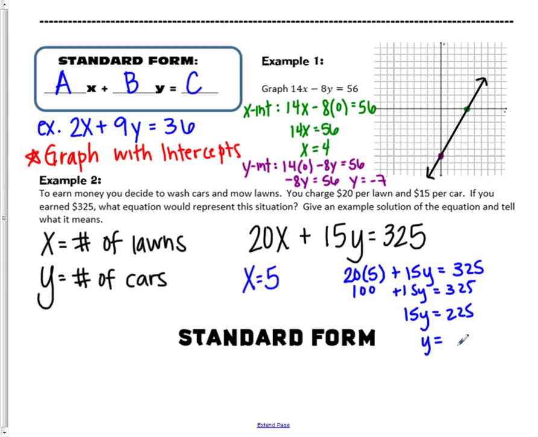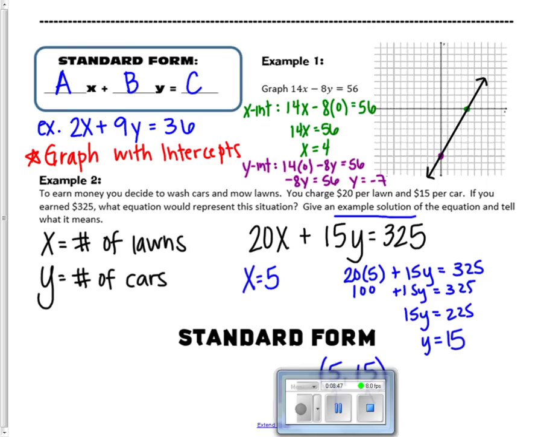So then y would equal, well, 225 divided by 15 actually happens to be 15. So an example solution, this is not the only one, would be that the point (5, 15) is actually on that graph. And what this means is that you can earn the $325 by mowing 5 lawns and washing 15 cars.